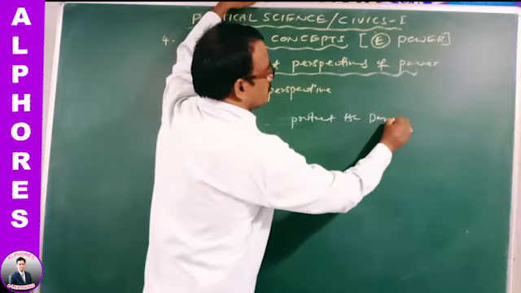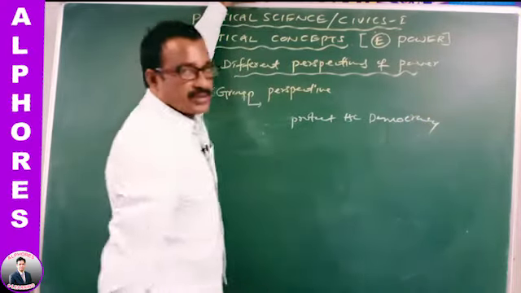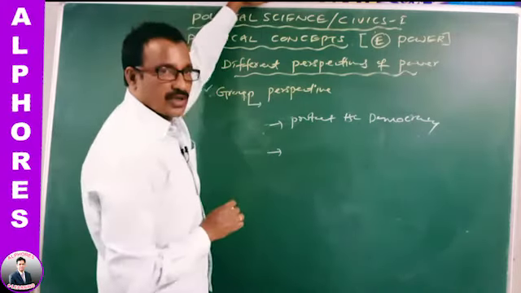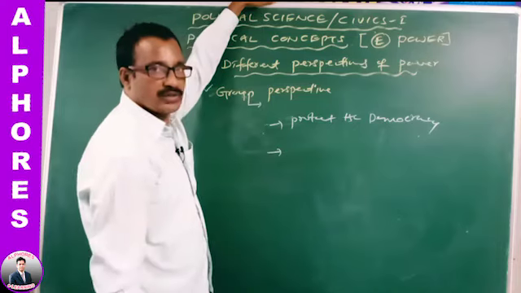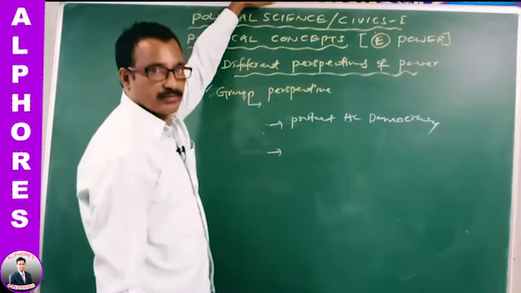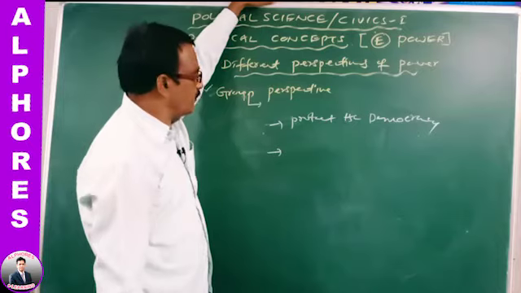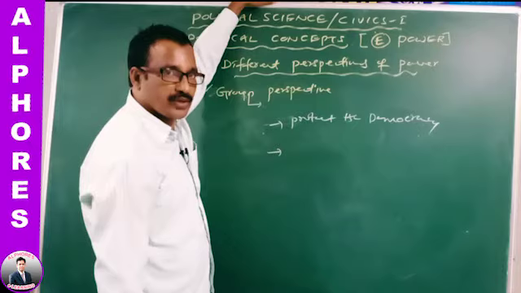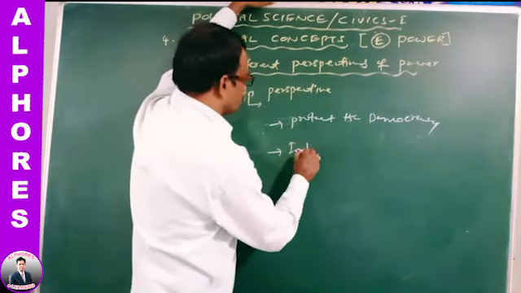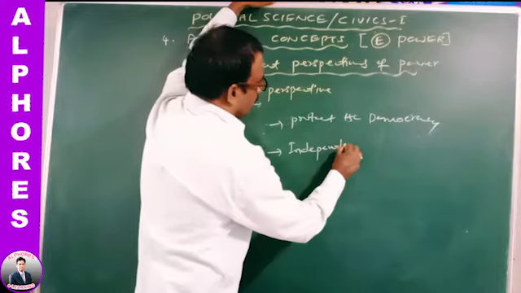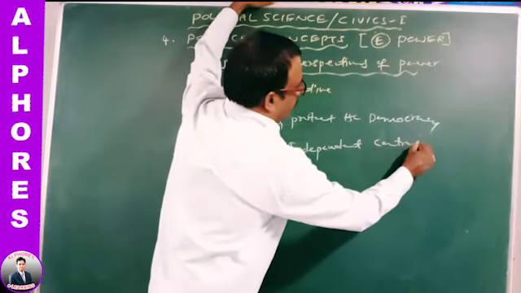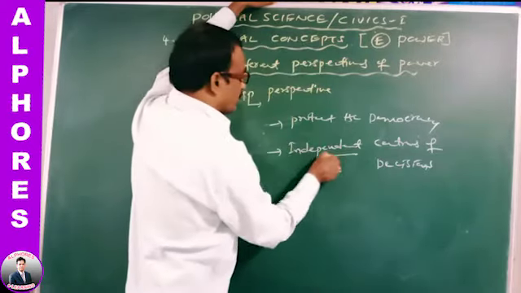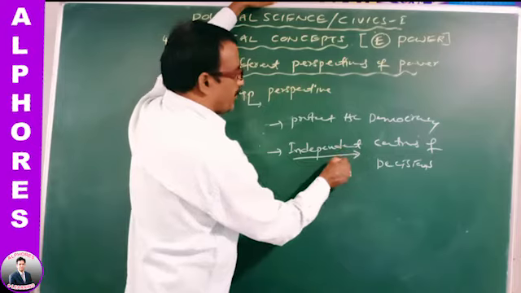And they will have their own share of power. And so they are called independent centers of decisions, because they are autonomous and they are independent.